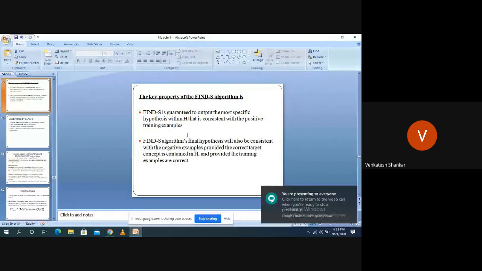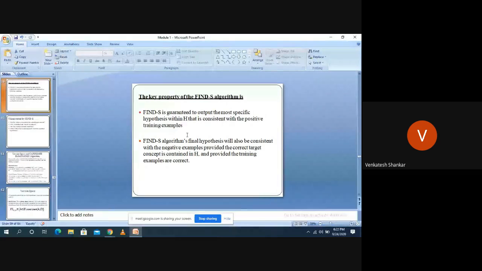We can give the guarantee here, so we'll get the specific hypothesis. The final hypothesis will also be consistent with the negative examples, provided the correct target concept is contained in the hypothesis space H and provided the training examples are correct. These are the key properties of the FindS algorithm. Next.